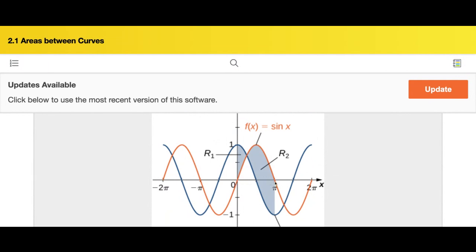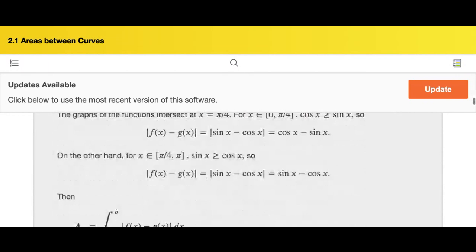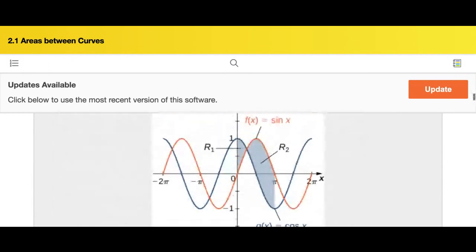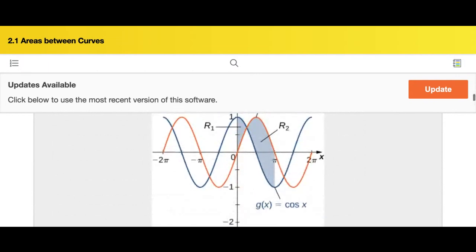So we see from 0 to pi, the region is just bounded by those two. So we need to find the absolute value of it. Why is that? Because you see here, down here, we have some areas below the x-axis.